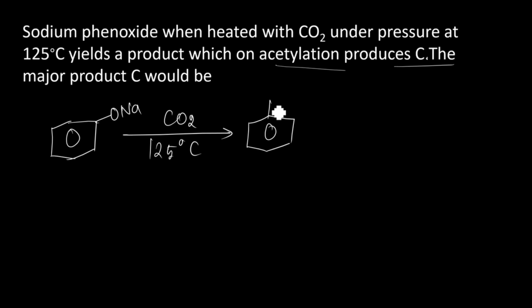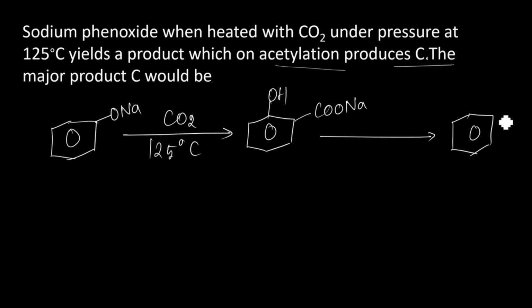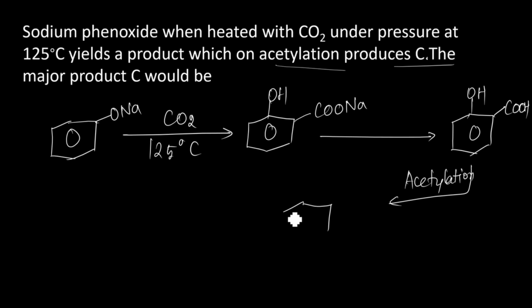So OH and COONa, which on acetylation, first it will produce salicylic acid, then the acetylated product, where the OH group hydrogen will get COCH3, with COOH.